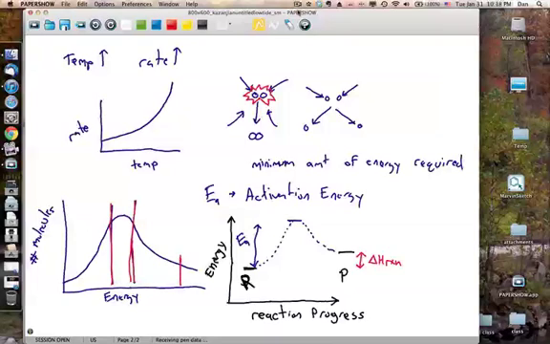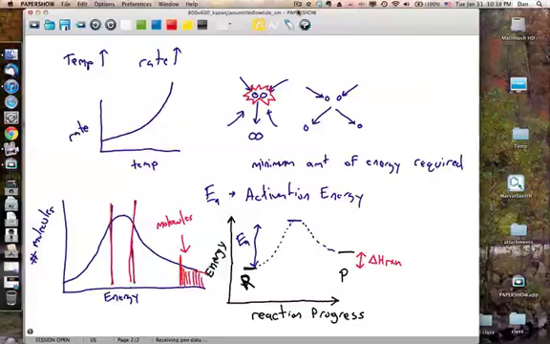But what we see in dealing with the activated complex is that only these molecules have enough energy to react to form the activated complex.